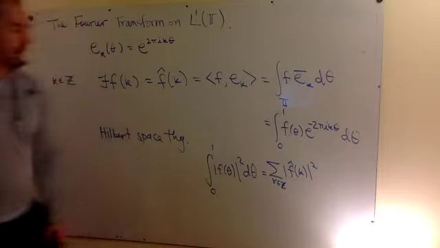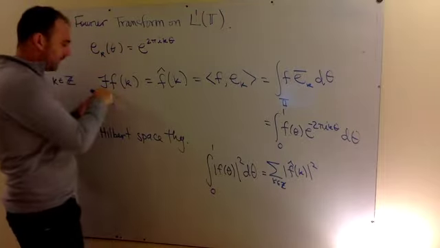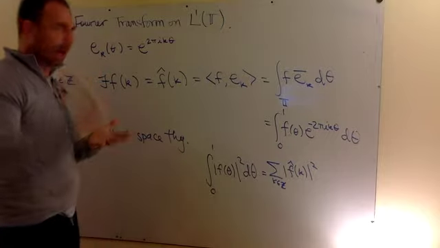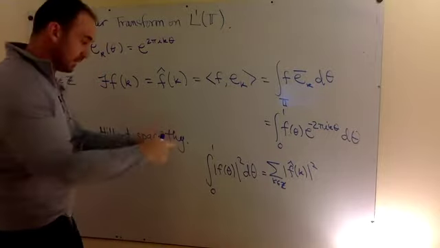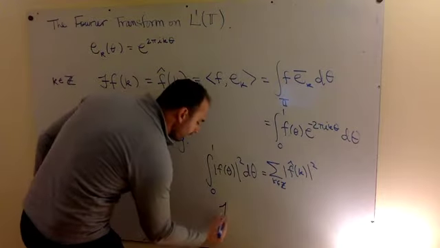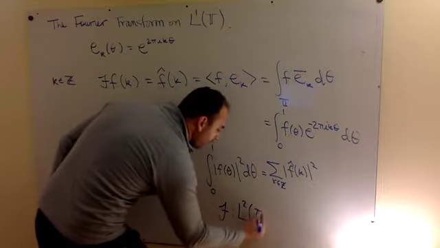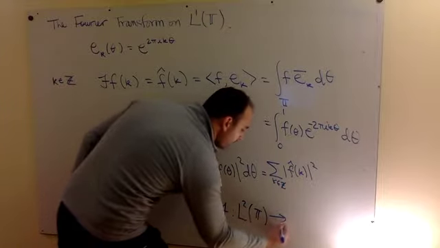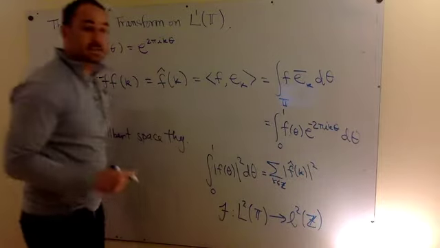And if you think about what that means, if I view f, big F here, as a mapping from L2 of T to a sequence, what this means is that this map from L2 of T to little l2 of Z is an isometry.